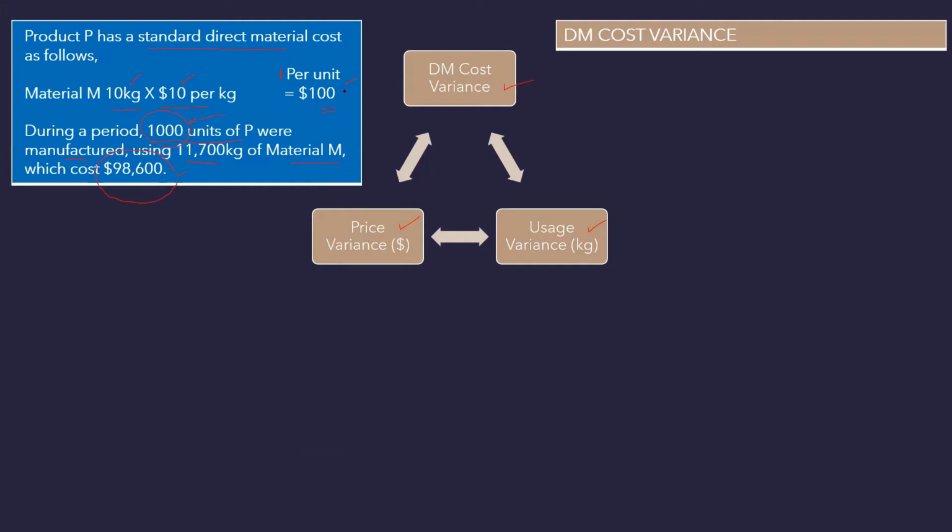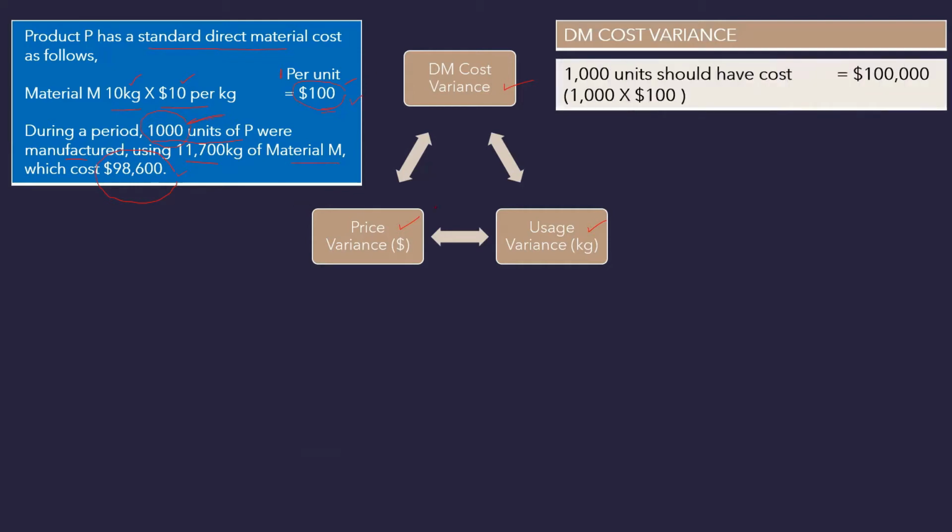How much is the budget per unit? 100. So this is the total variance. Basically you compare the budget and the actual. To produce 1000 units, you plan per unit $100, so therefore 100,000.